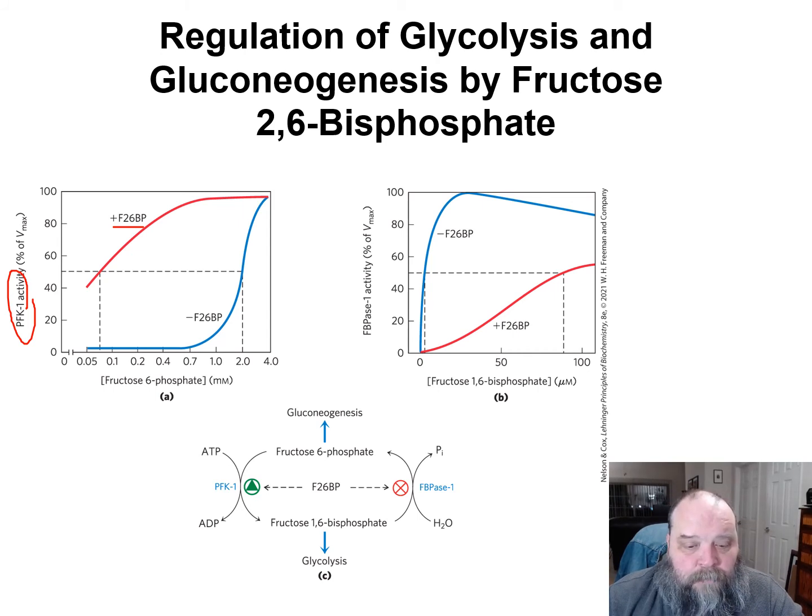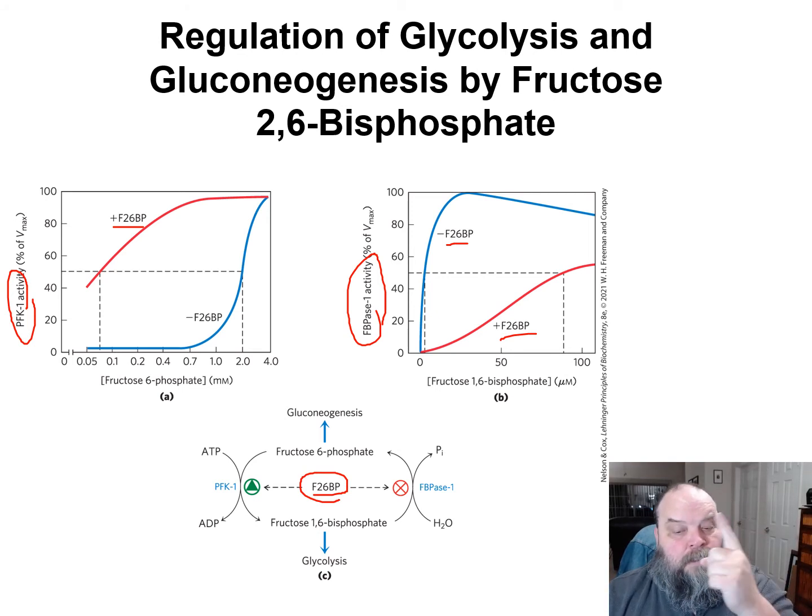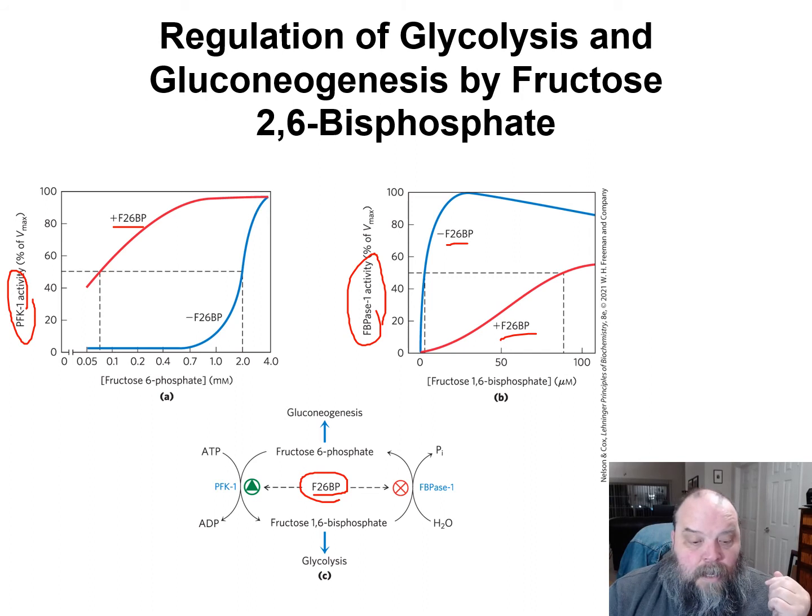On the flip side, FBPase1 activity: if F26BP is not there, its activity is high. If it's there, it's nice and low. Because again, here's our signal molecule, the one that's going to bind and allosterically help or allosterically hinder. It helps PFK1. It hinders FBPase1.